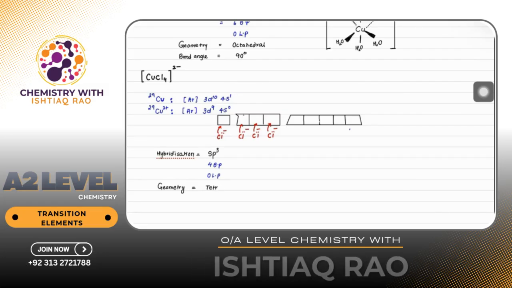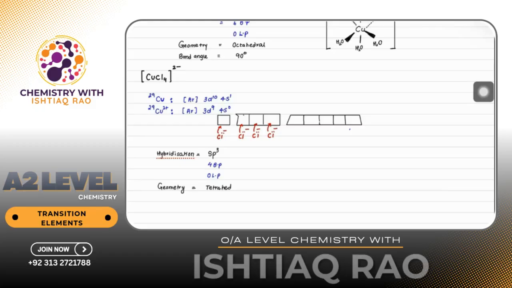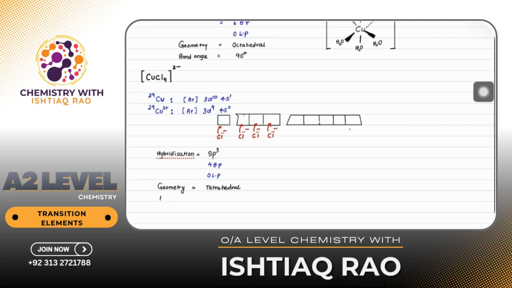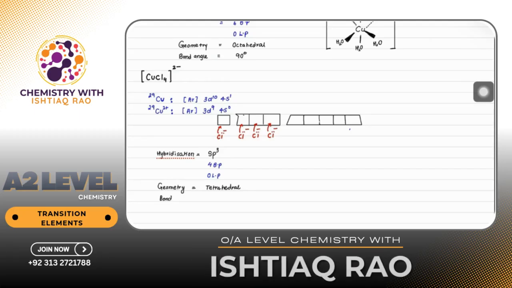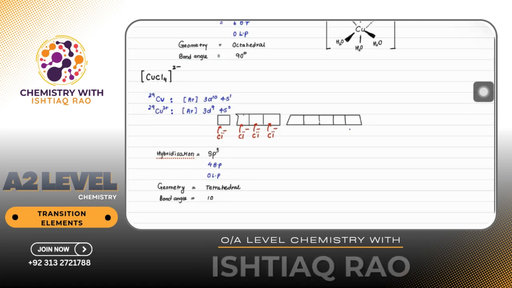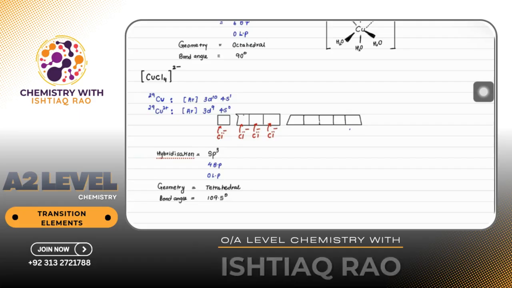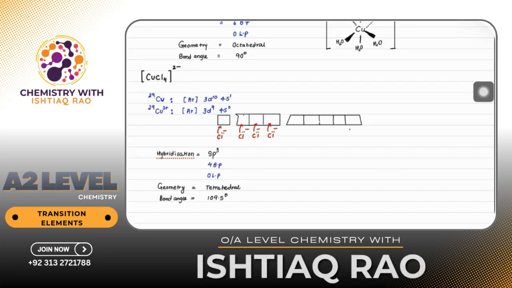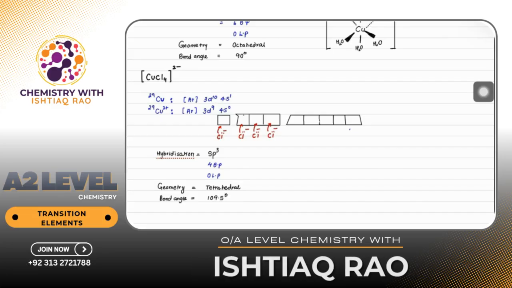So the geometry would be tetrahedral, and the bond angle would be 109.5 degrees because it's tetrahedral, right?